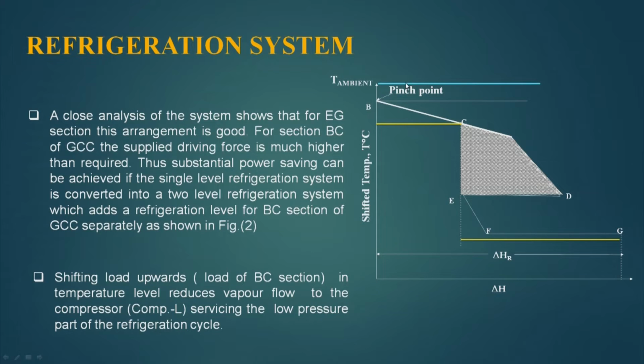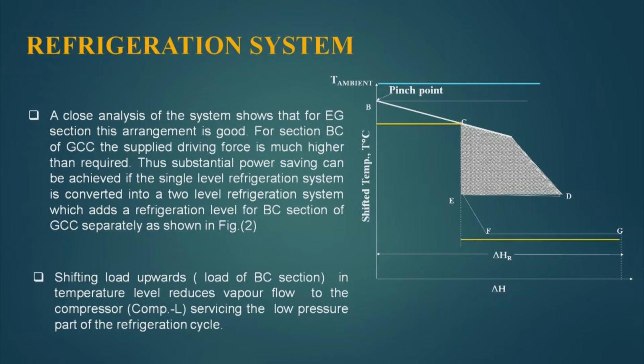So, it has to do less work in comparison to this, when heat is picked up from here and is rejected here. So, when this is broken into two parts, then my energy consumption decreases.